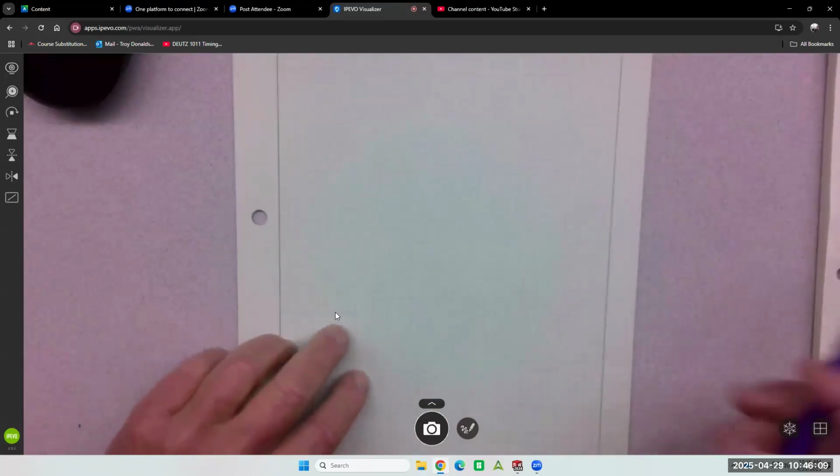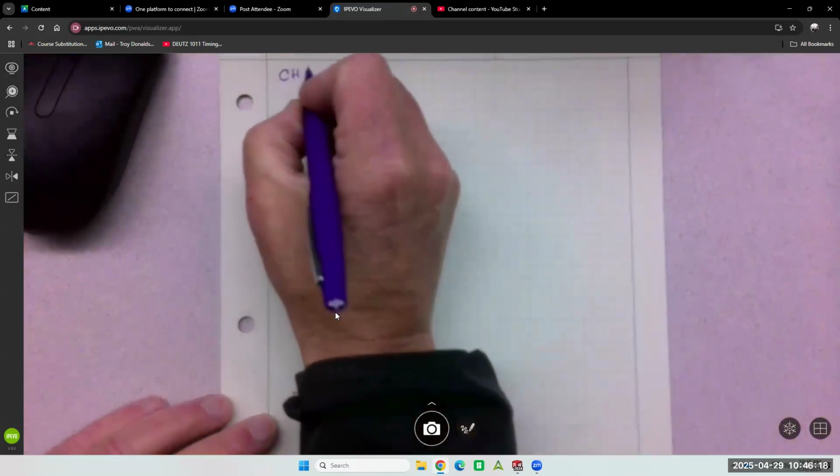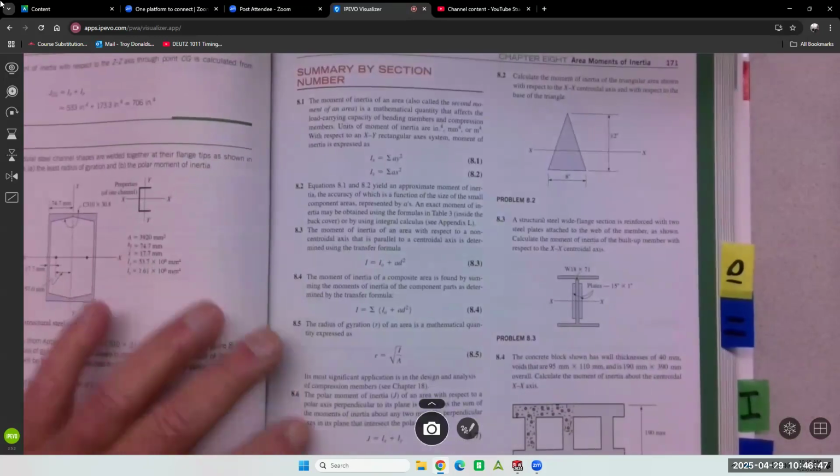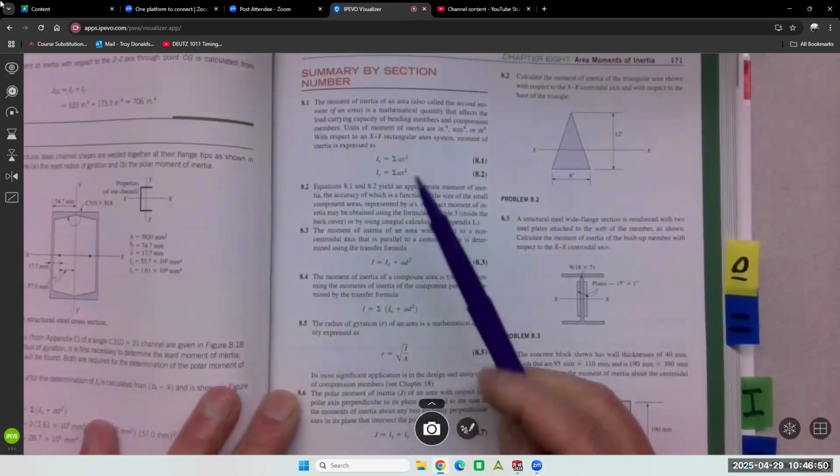Well, let's think about the midterm, starting with chapter 8. One good strategy is to look at the chapter summaries. If you go to the last part of chapter 8, it'll tell you what was in that chapter. So, inertia.